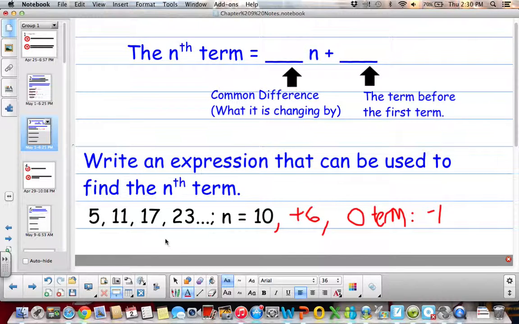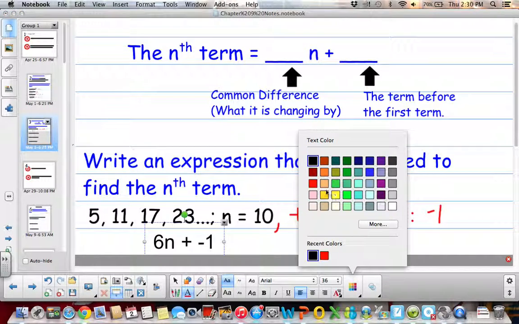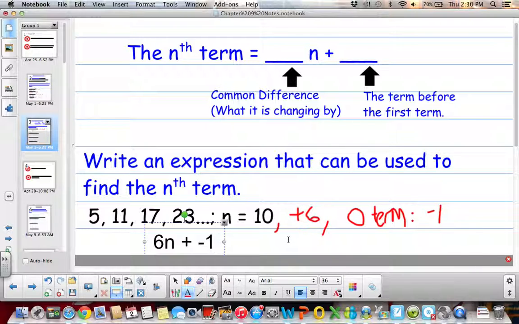So our common difference, we said, is 6, and then our n is 10. So 6n plus -1 is our equation, because 6 is our common difference, and the term before the first term is -1. Okay, now let's rewrite this with our n.